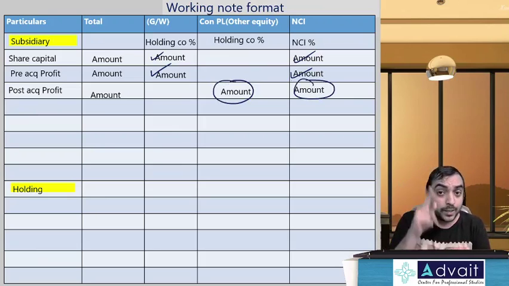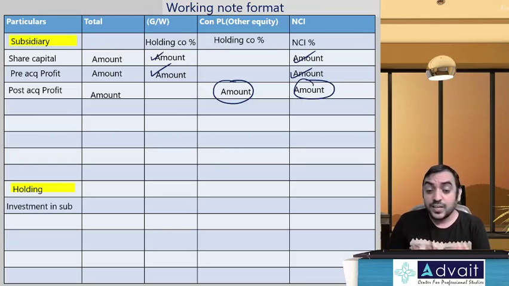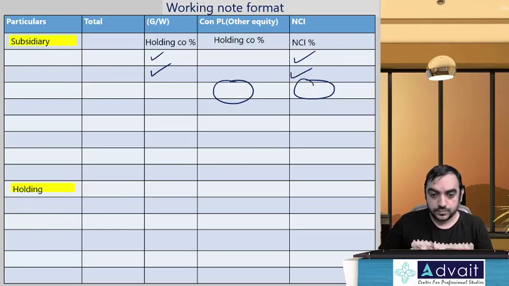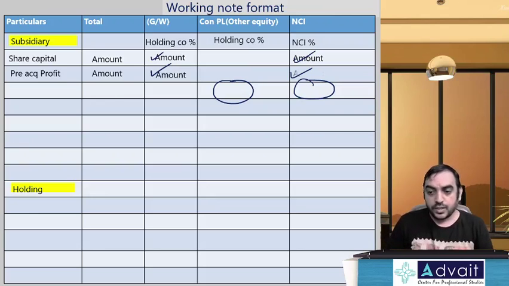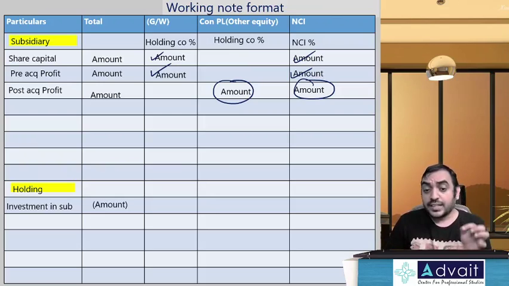Now come to holding company, one element will come in the calculation, will not come in balance sheet, which is investment in subsidiary. Okay. So investment in subsidiary we have. That amount I am writing within brackets, negative amount.